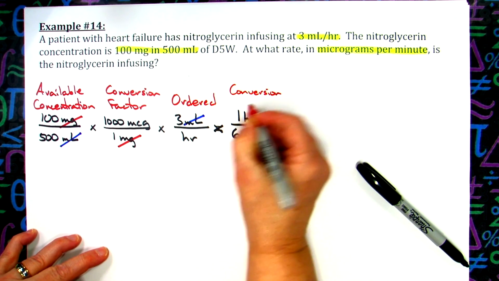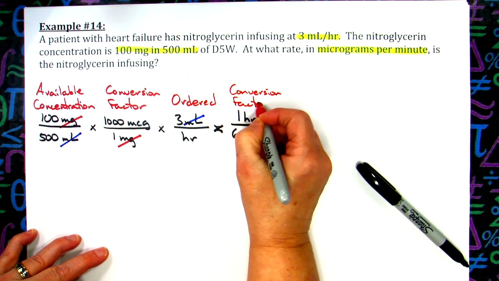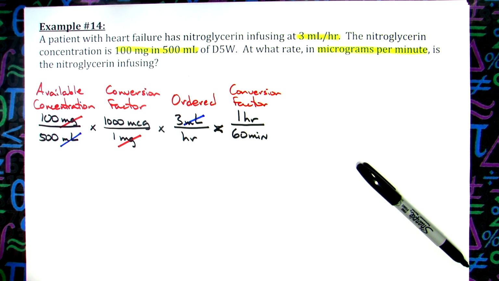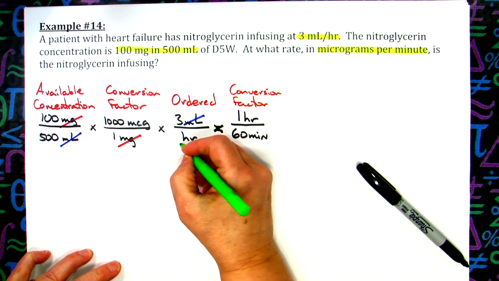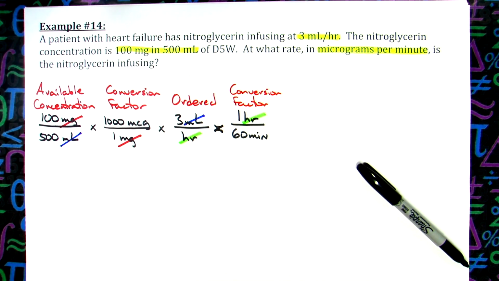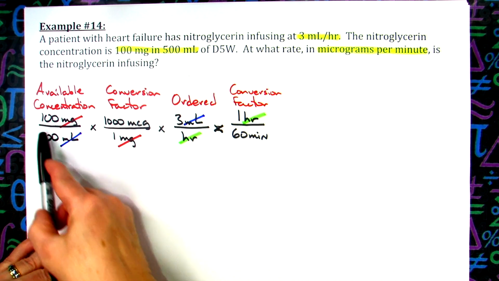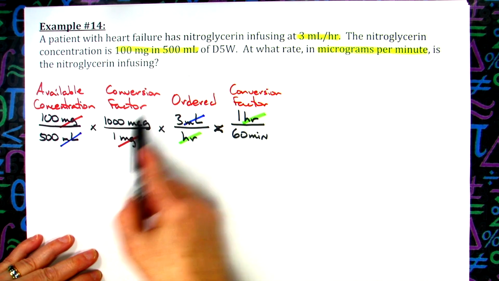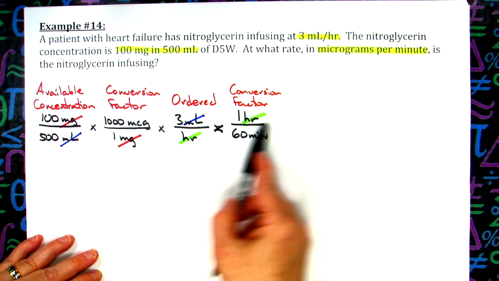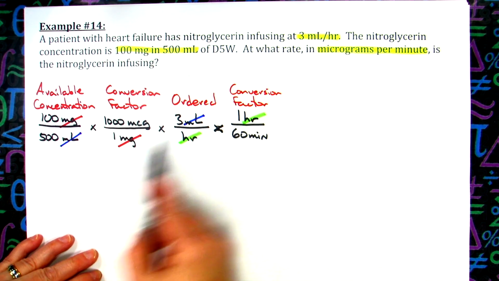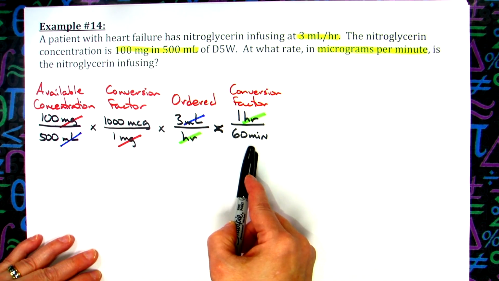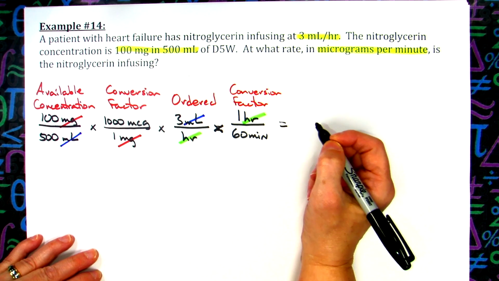That allows me to cross off the hours on the bottom here and the hours on the top here. Now, just to go back and check, I'm supposed to have micrograms per minute. The only label left is minutes, so that tells me I am done.